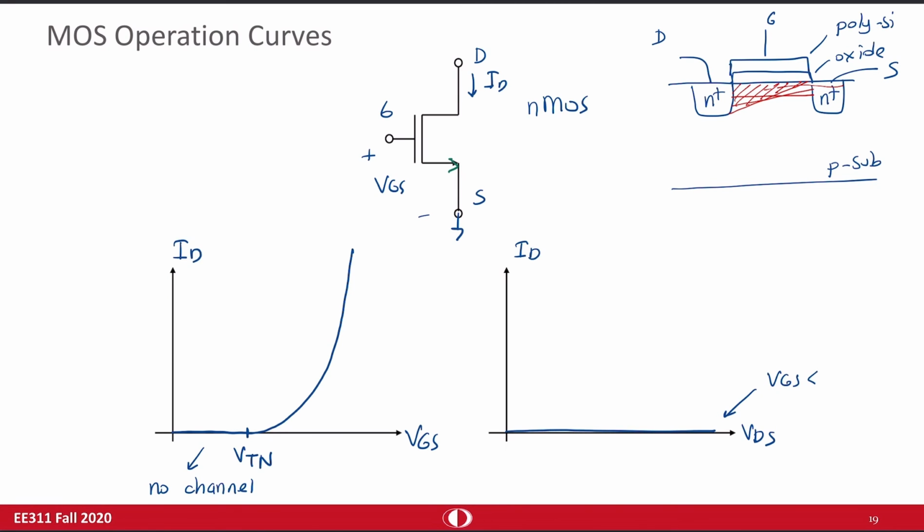Basically, when VGS is less than the threshold voltage, we have cutoff. No current passes. ID is equal to 0 because there is no channel. Once you have some VGS larger than VTN, now the VDS potential plays a critical role.